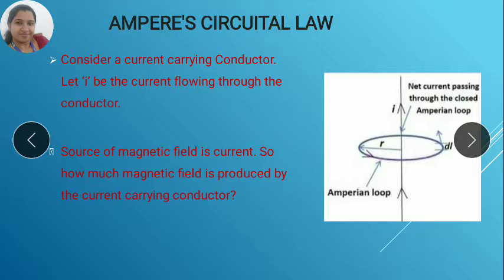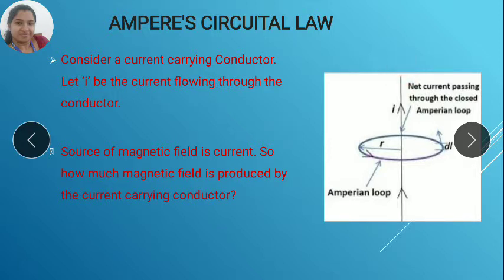Then we go to Ampere's circuital law. To explain Ampere's circuital law, consider a current carrying conductor. Let I be the current flowing through the conductor. In this diagram, a current carrying conductor is there. When current flows through the circuit, a magnetic field is developed.